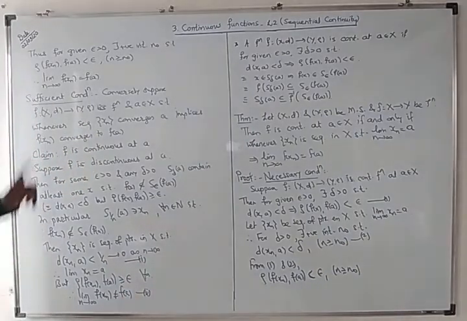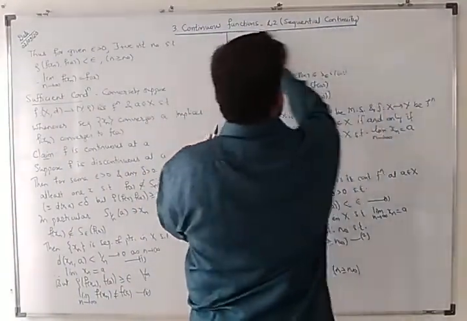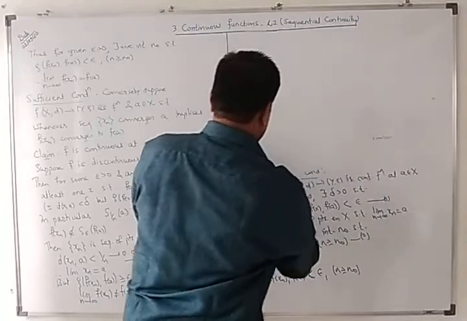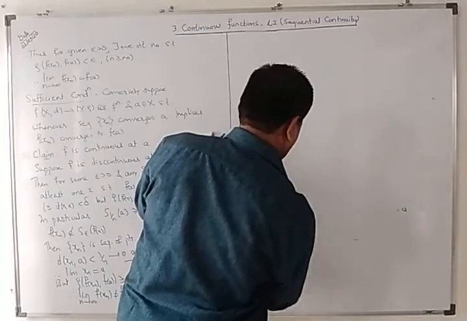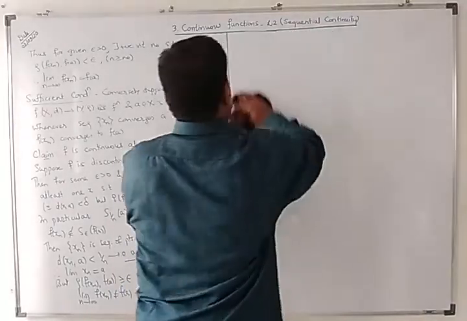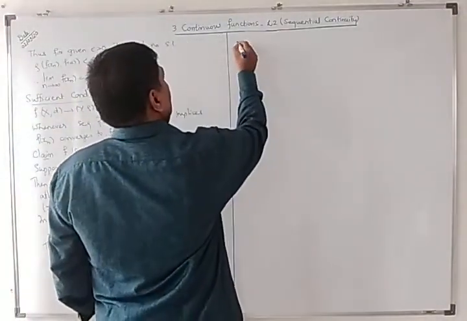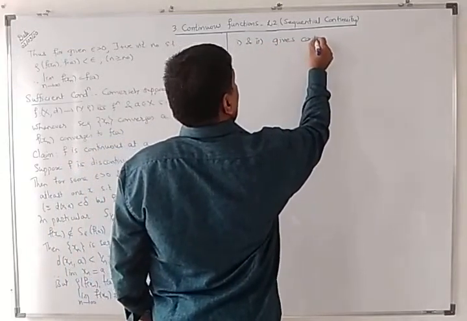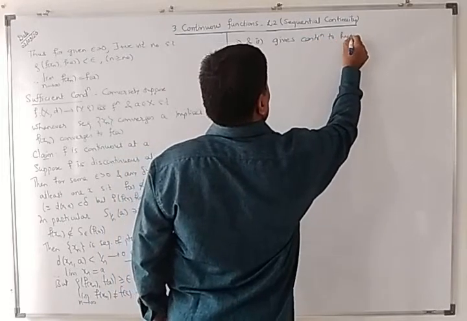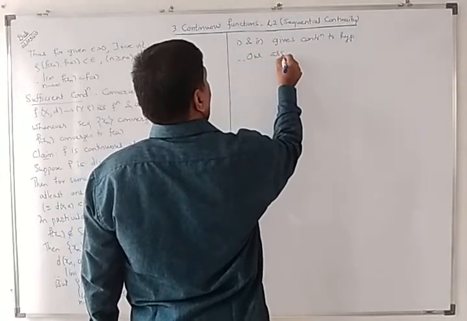One and two give a contradiction to the hypothesis, and therefore our assumption is wrong.